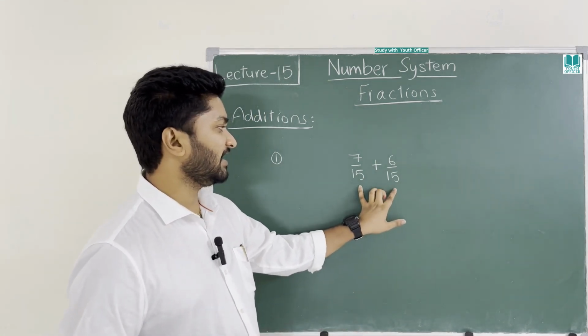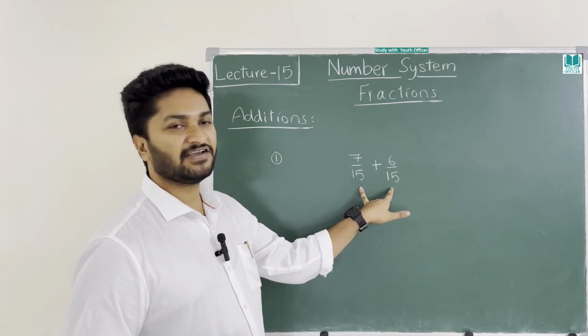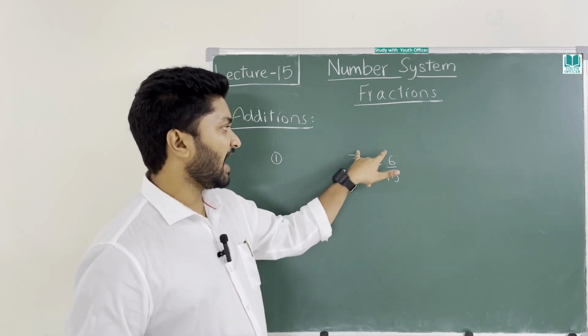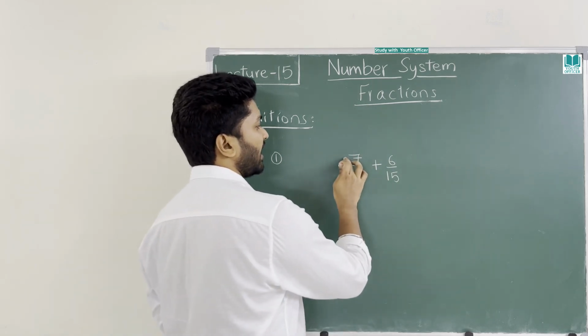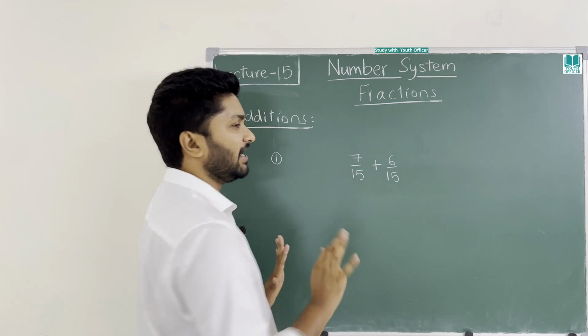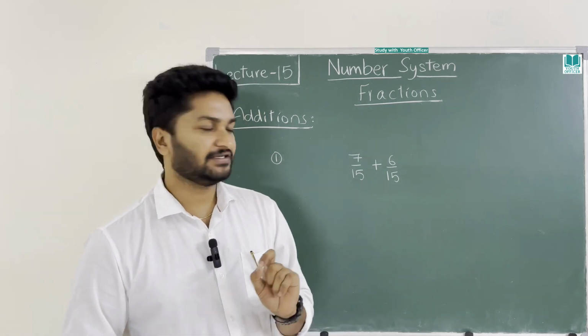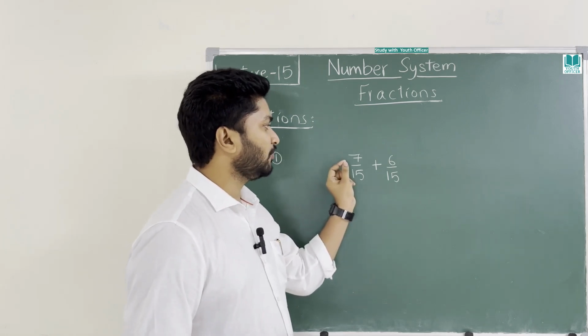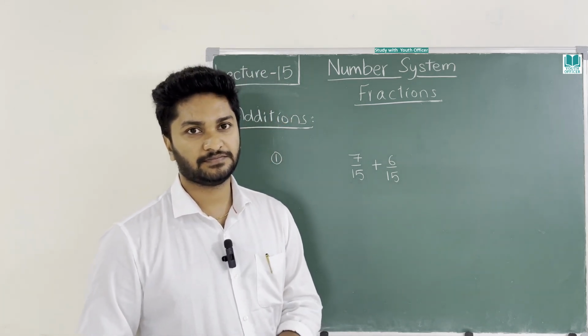You don't add denominators. You make sure that the denominators are equal, then you add the numerators. Only the numerators should be added. You should not add denominators. But there is a catch: you can add numerators only when the denominators are equal.